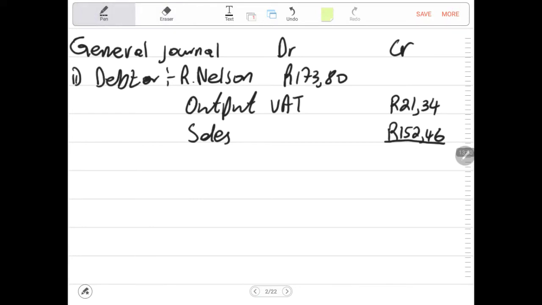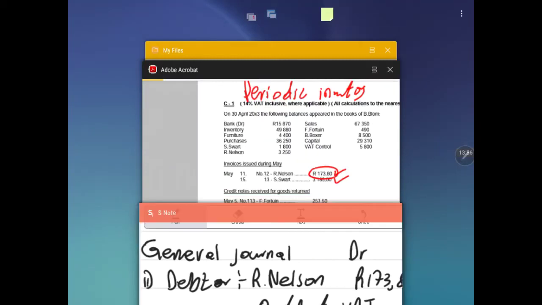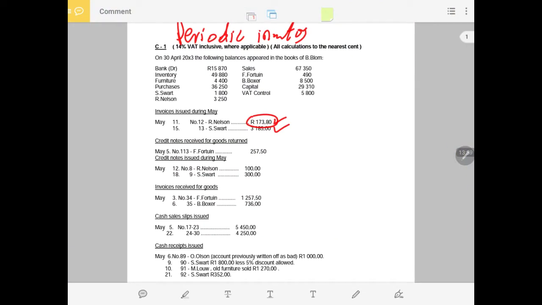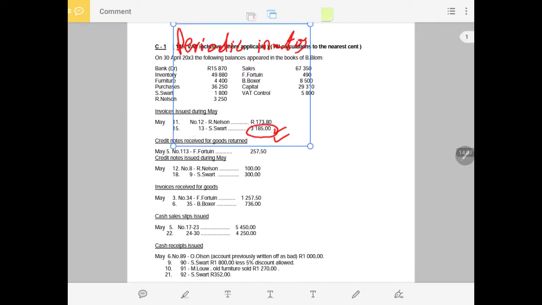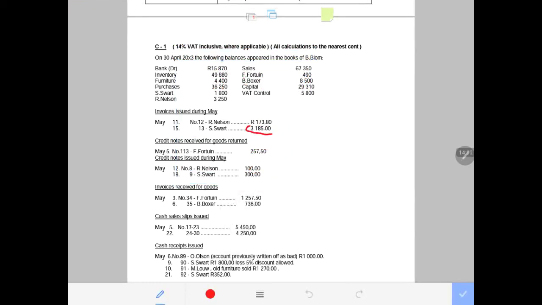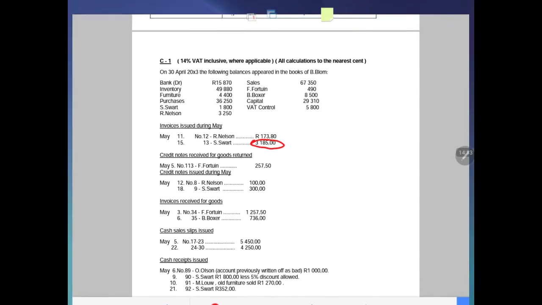We go to the second date. The second date is the 15th of the month of May. On the 15th of May, we sold inventory to another customer, S Swat, at the value of 3,185 rands. 3,185 is the value of the inventory sold on credit to this customer.